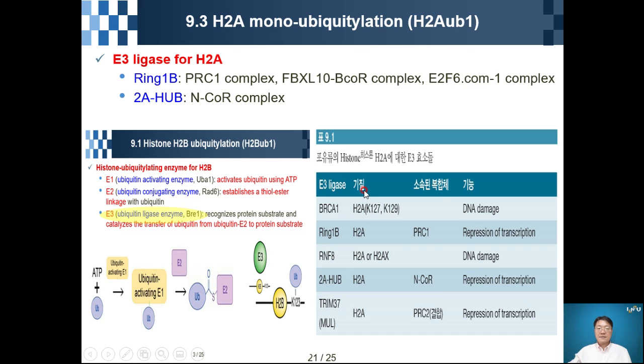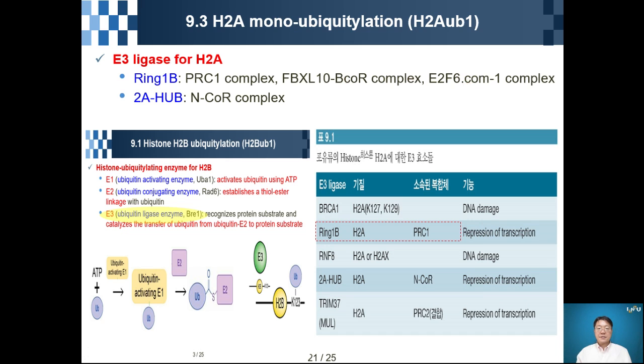Okay, let me start from RING1B. So RING1B E3 ligase. Its substrate is H2A, and the PRC1 complex belongs to RING1B. There is also another complex that belongs to the RING1B E3 ligase.